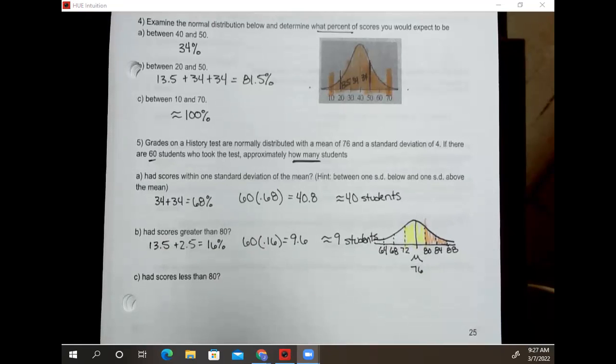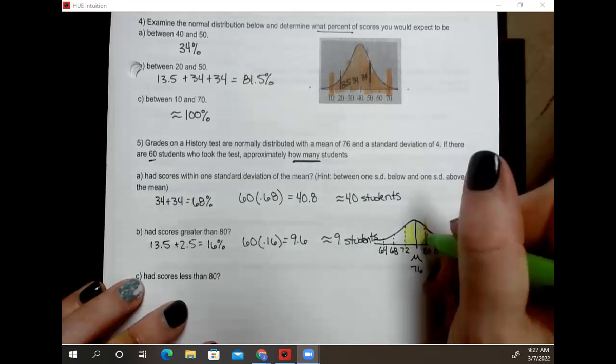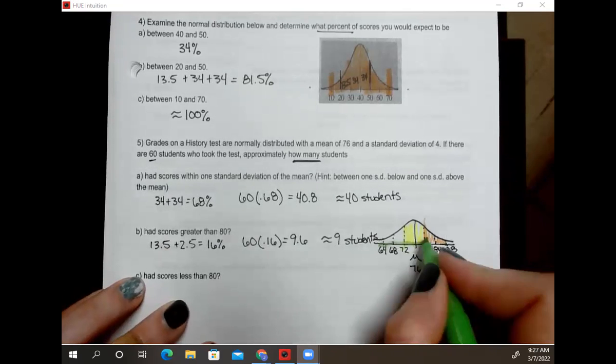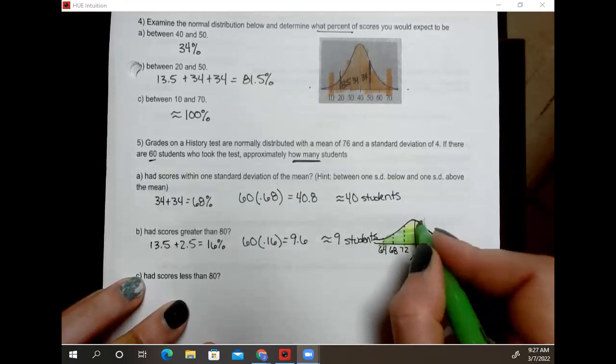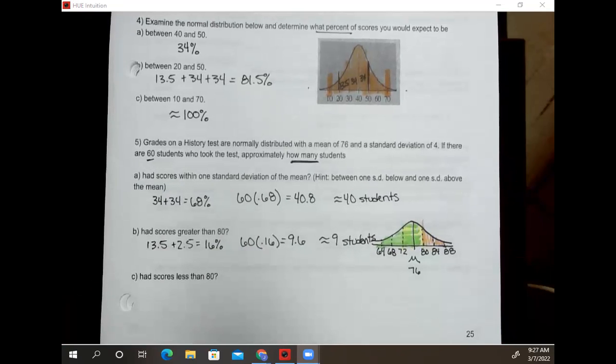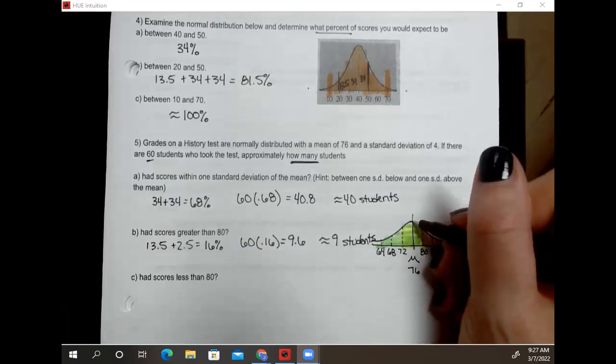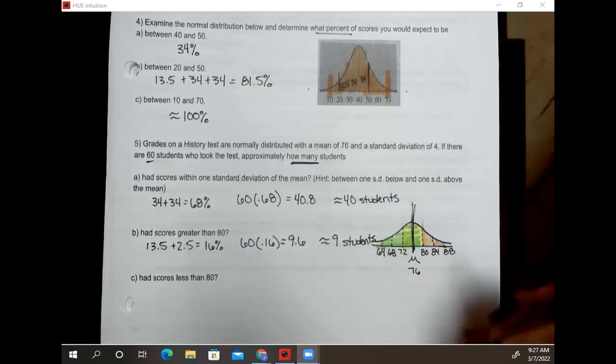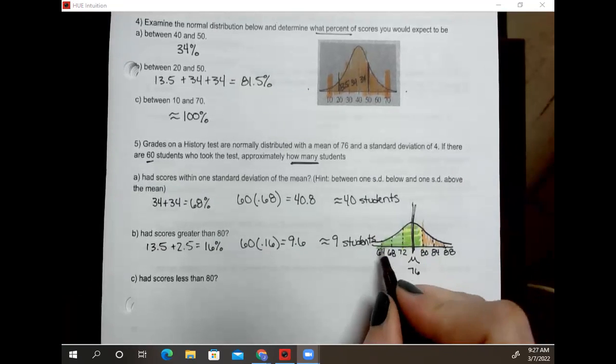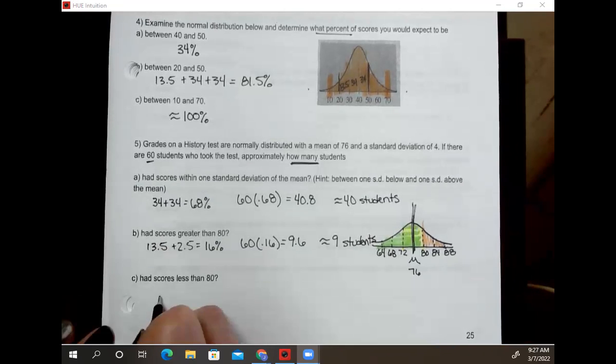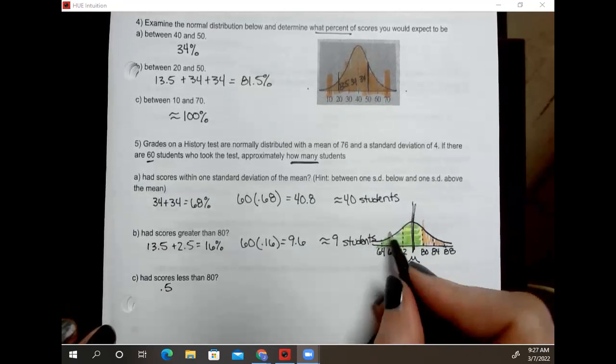And then for part C, had scores less than 80. So 80 or below. Just to save myself a little work, I'm going to take advantage of the fact that this curve is symmetric and cut in half. So instead of adding these 3 things, I know that that's half the curve. So I'm going to use 50% for that part.